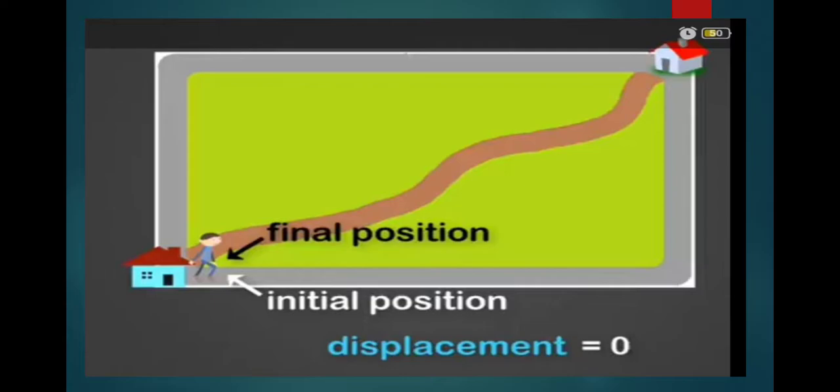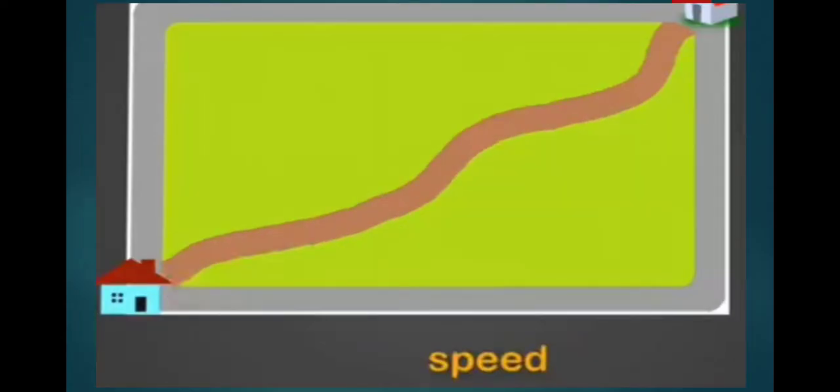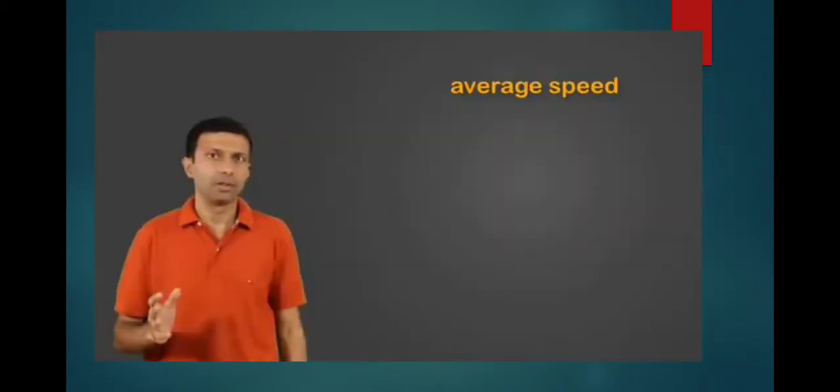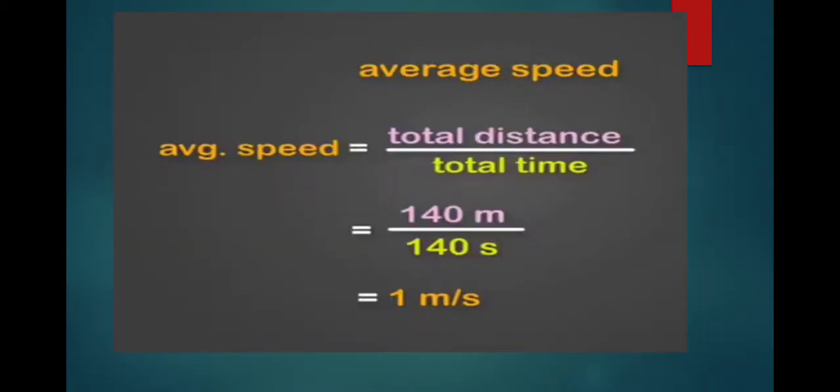Now let's talk about speed. Since our speed is changing, one time we're walking and the other time you are riding your bike, it makes more sense to talk about average speed. Speed is distance by time, so average speed is total distance by total time.